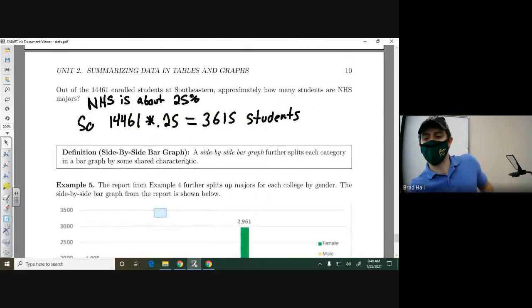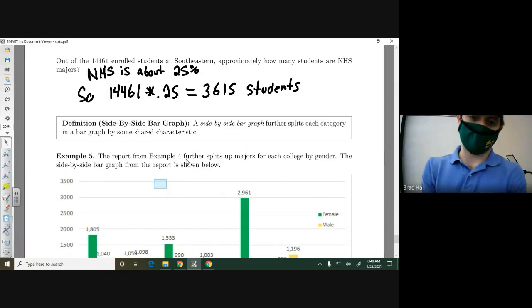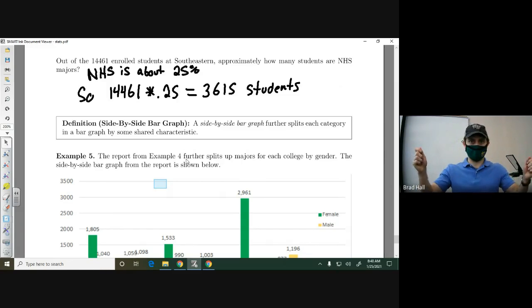Okay, so there's also a side-by-side bar graph. And as you would imagine, we're dealing with bar graphs again, but side-by-side allows us to take two distinct bar graphs that may have very much connected information and merge them together into one graph.